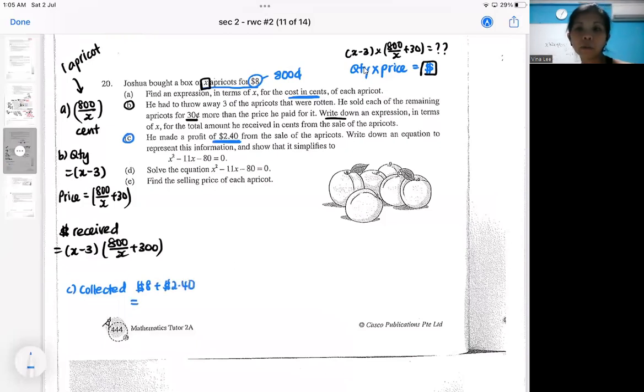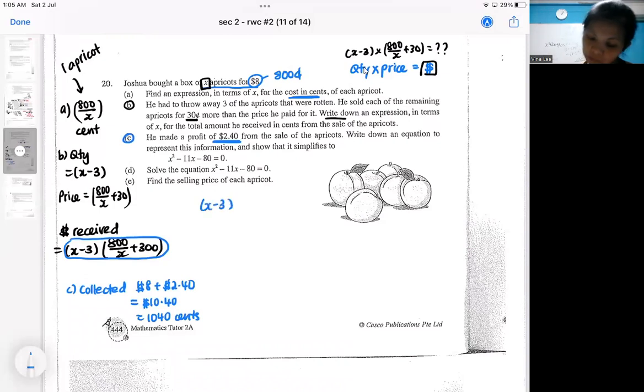That means he used $8, but after selling everything, he actually collected $10.40. From here, I'm going to use the $10.40 to form the equation. That means this amount is going to be $10.40, which is 1,040 cents. So this is part C.